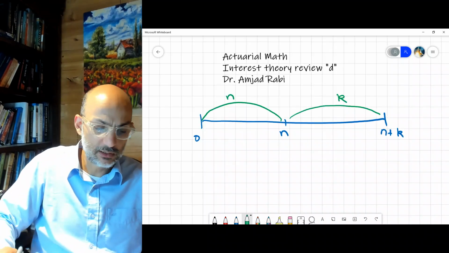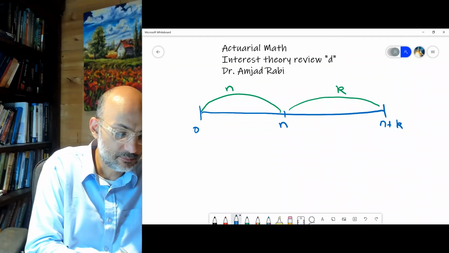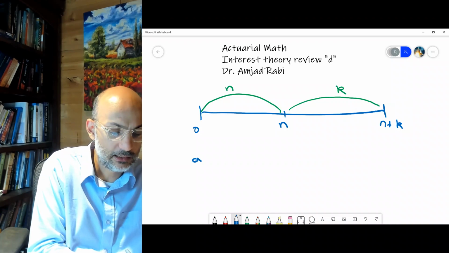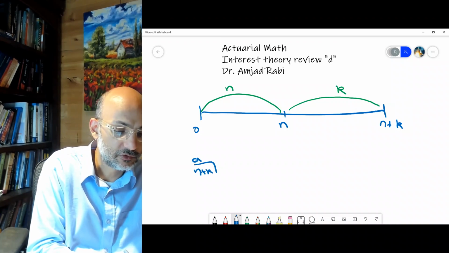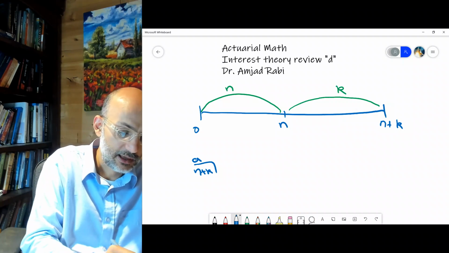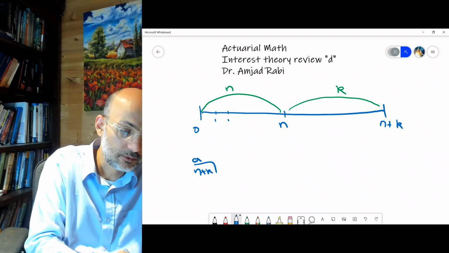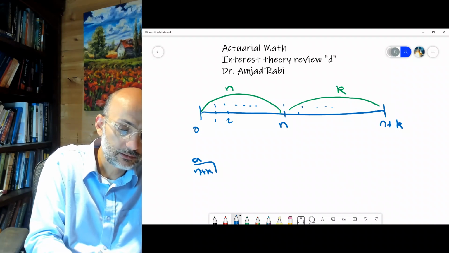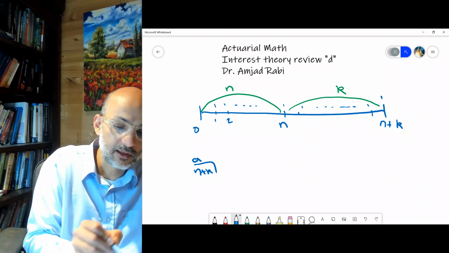So now we need to create the relationship for a angle n plus k, the one for the big thing, the whole period. And we know this one pays 1, 1, 1, 1, and because it's the end of the period, the last one will be here.